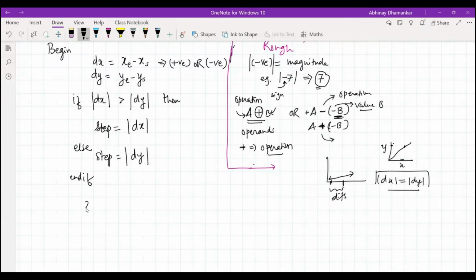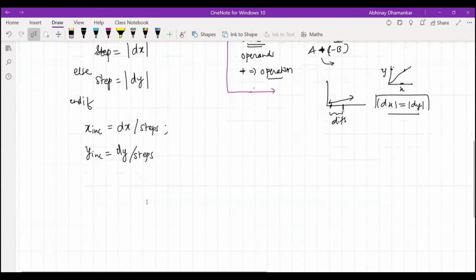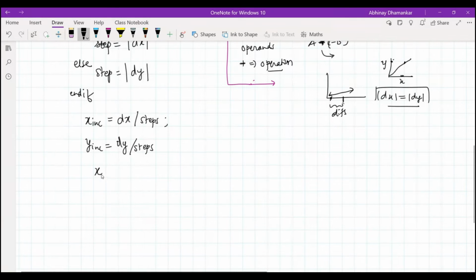Then we need to calculate x increment, dx upon step to be followed. Okay, and y increment, dy upon steps. The steps that have come here will be divided, and after that x should start from x start and y should start from y start.